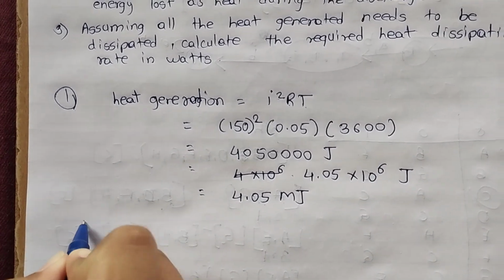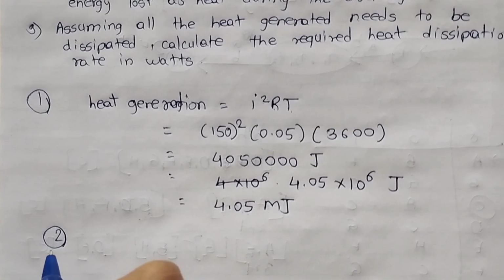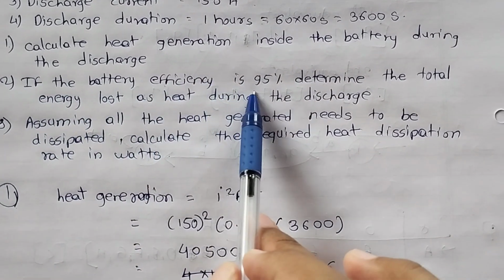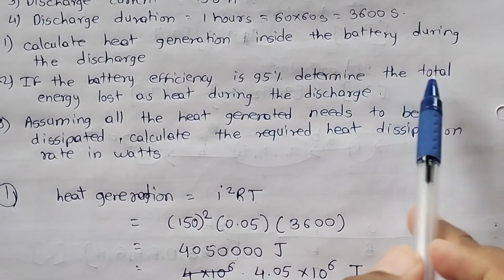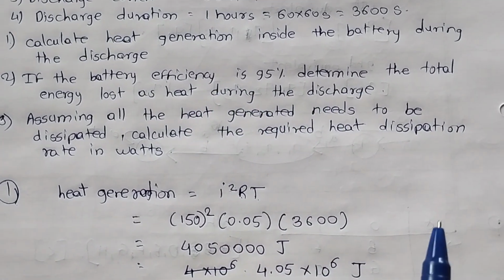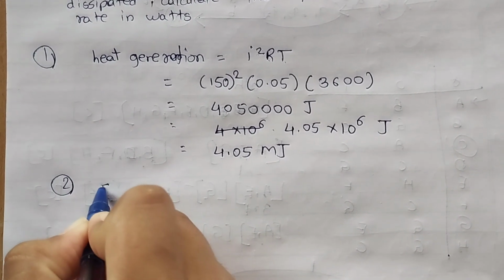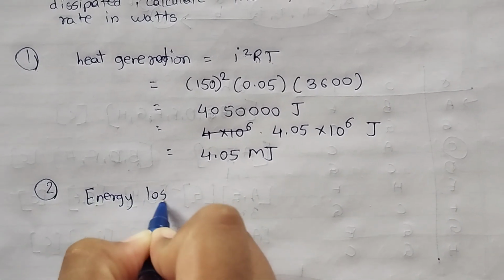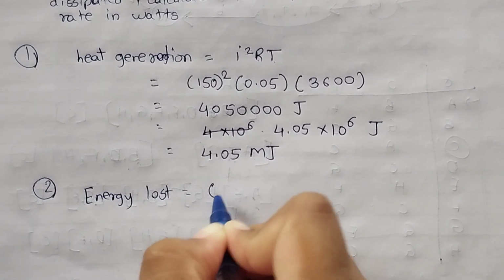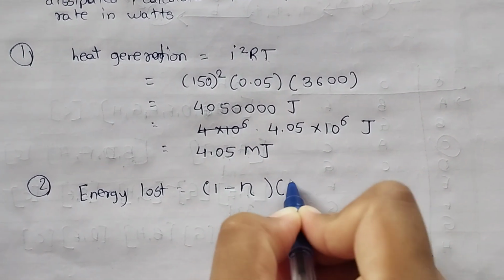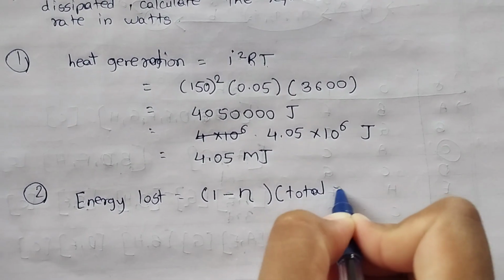Now we calculate the second sub-question. If the battery efficiency is 95%, determine the total energy lost as heat during the discharge. The formula for this energy lost is equal to 1 by eta into total energy.